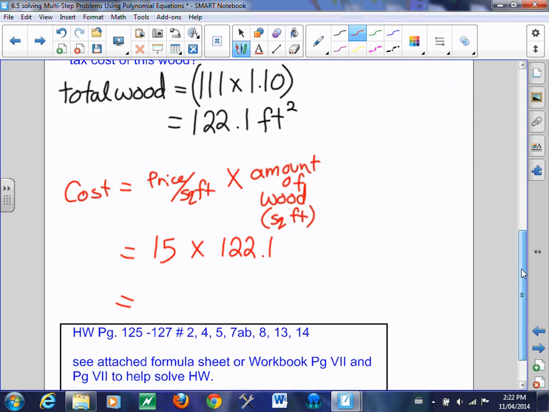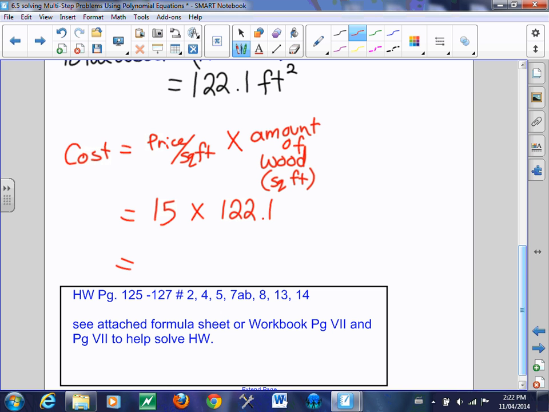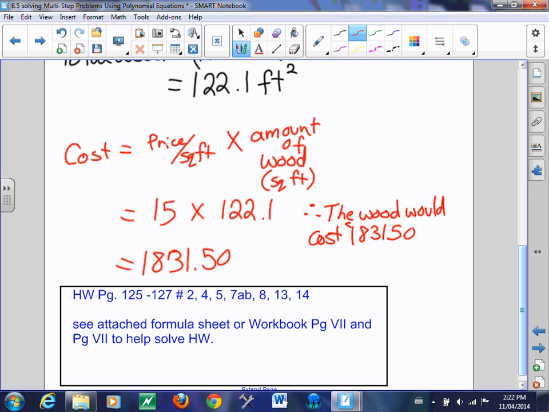Okay, plug it in your calculator, and you're going to have $1,831.50. So therefore, the wood cost $1,831.50 before tax.